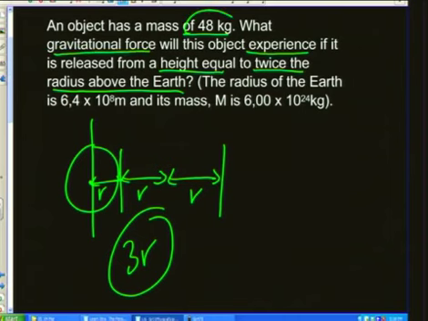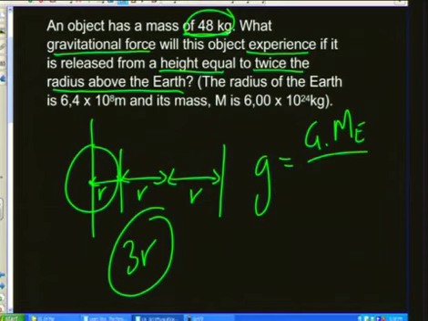We don't even need to use its mass. We can simply say g is equal to big G, the mass of the Earth, over the radius of the Earth squared. We've got the distance, and we've got the thing to substitute.